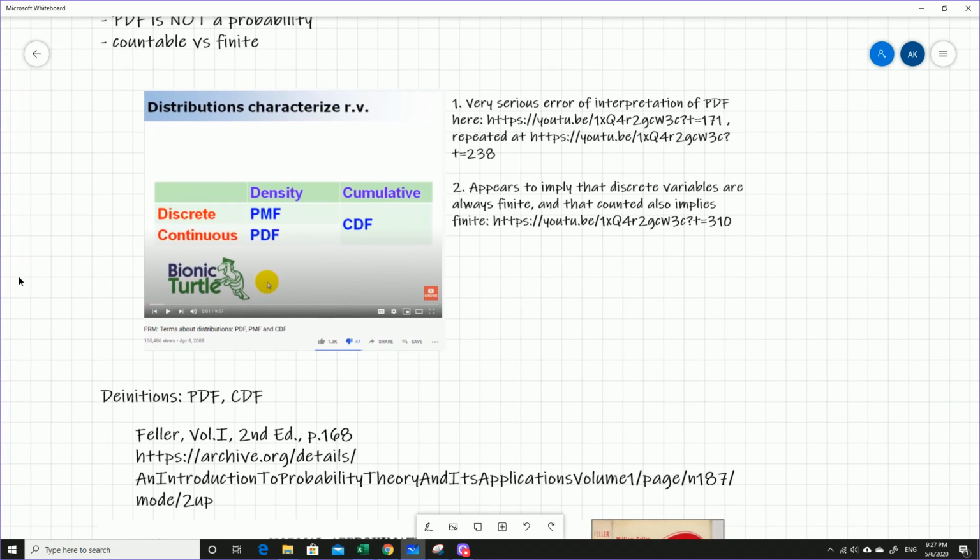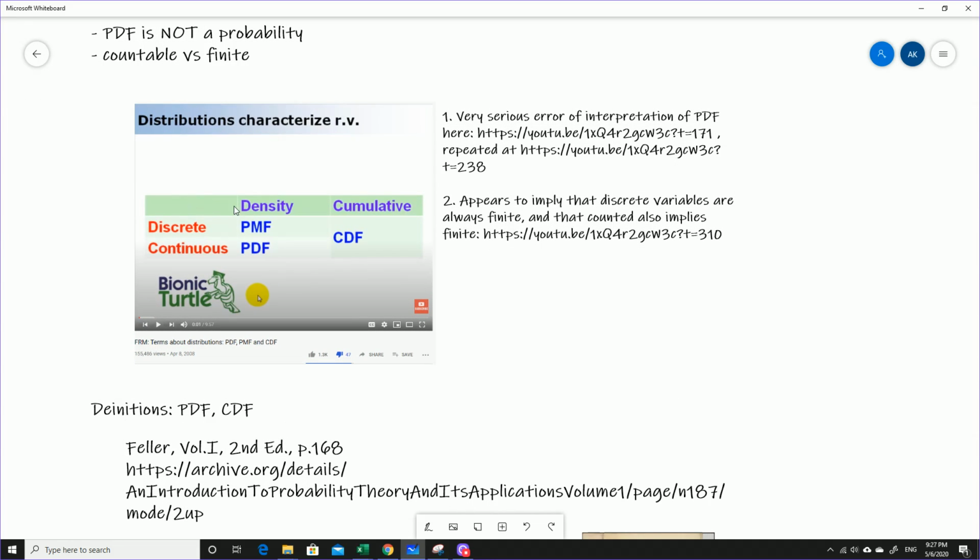There is this video on YouTube and it's quite characteristic. That's why I brought it up here. You can find links to both points in this video where they make both of these mistakes, 1 and 2, just check the URLs and watch the videos themselves. What was striking to me was that this is Bionic Turtle, and I know that this resource is very popular among people who prepare for the FRM certification exam, GARP's certification on risk management.